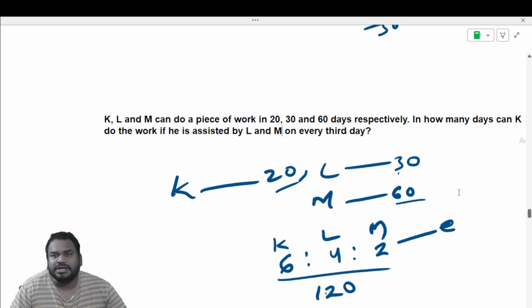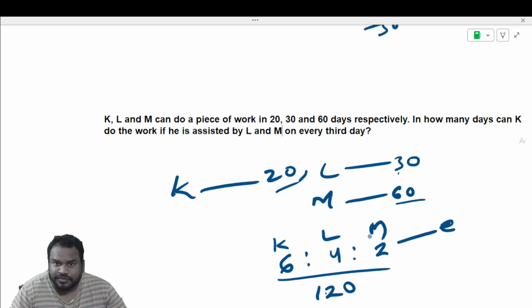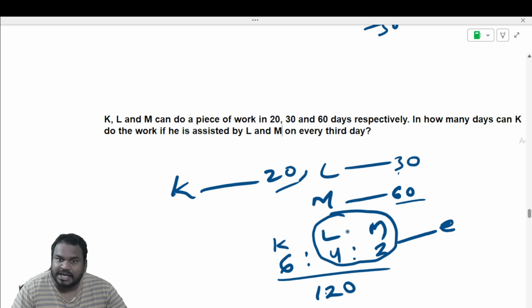In how many days can K do the work if he is assisted by L and M on every third day? See, on every third day, L and M together should work along with K. So L plus M is nothing but 4 plus 2, that is equal to 6.